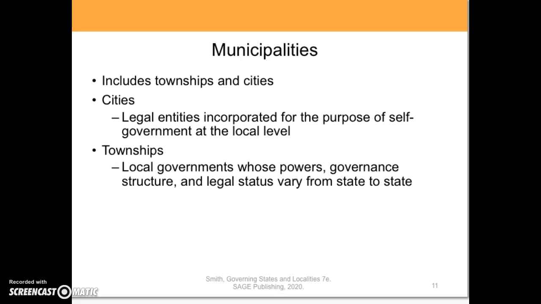So again, being in the U.S., we have an array of cities and we have townships. And so maybe you live in a township and not necessarily a city. So again, you can take a look at some of these definitions we just talked about in terms of level of control and responsibilities, and you can make a determination from there.